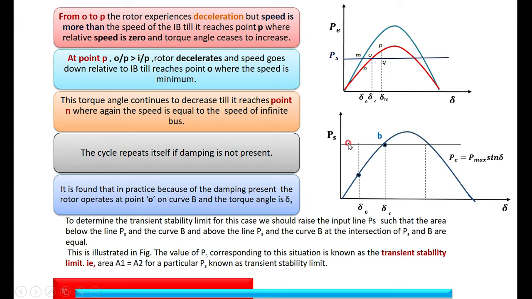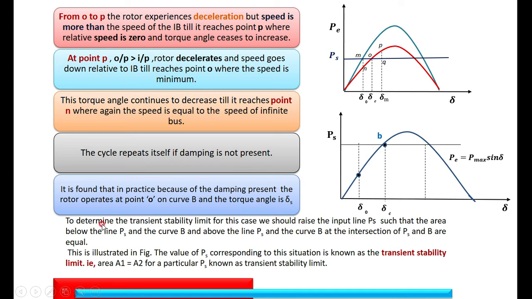Suppose you make any attempt beyond this value, in that case the system loses its synchronism. This point P, corresponding to curve B, is the point where it is critically stable. Afterwards, the system loses its synchronism.